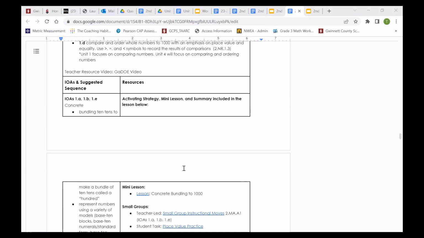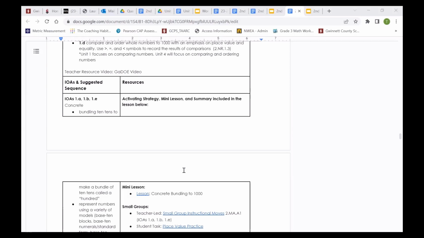You will notice that the first day starts as a concrete day using base 10 blocks because it helps students build capacity for conceptual understanding of place value and related standards as they move through the concrete representational abstract progression, or CRA. Although students explored these standards in Unit 1, we want to make sure to expose them to situations involving greater numbers in Quarter 4.